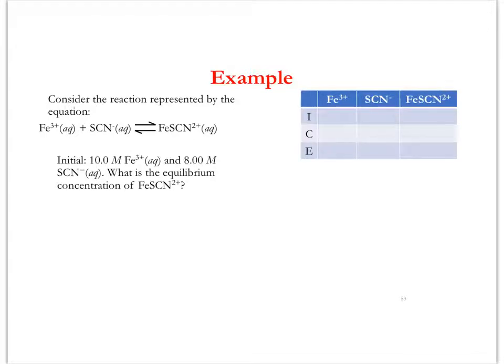For this problem, which is a follow-up to the prior one, this is the same reaction, so we know that our equilibrium constant is equal to 0.33 from the prior step. So we're given the initial concentrations of our two reactants, and they're asking us for the equilibrium concentration of the product. So we start with 0.